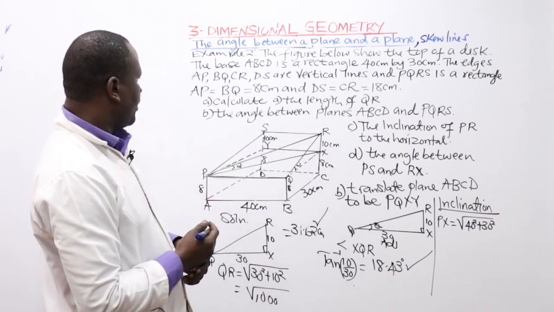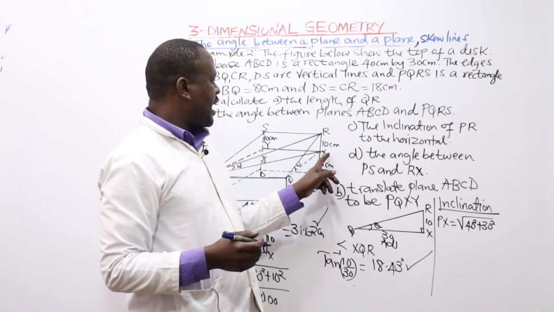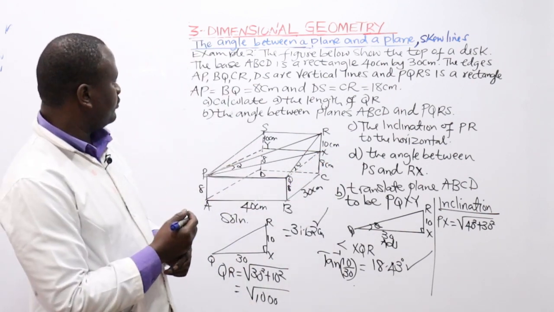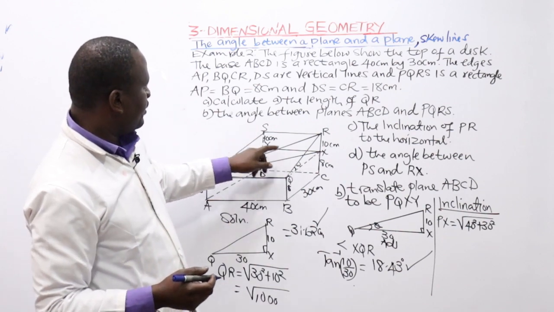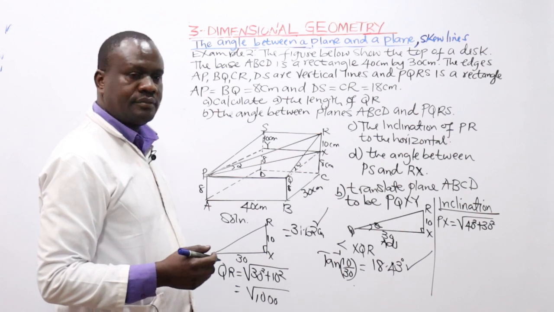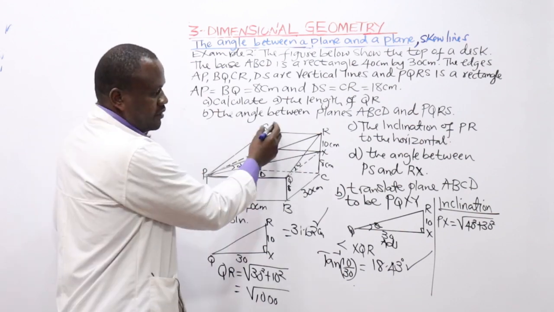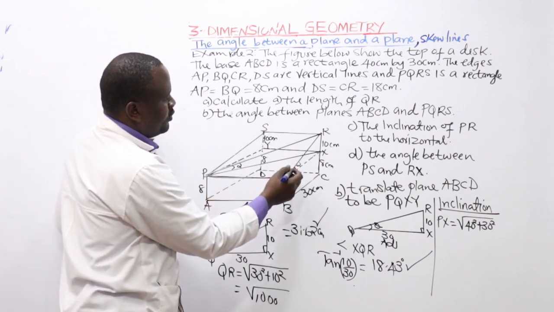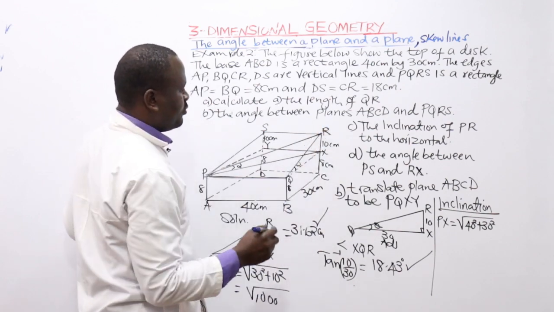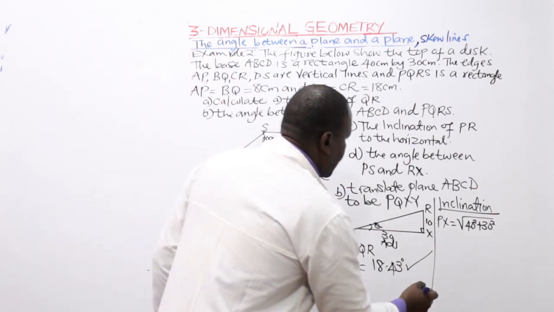So, we can translate RX to be SY. Or we translate PS to become QR. So what will the angle be?